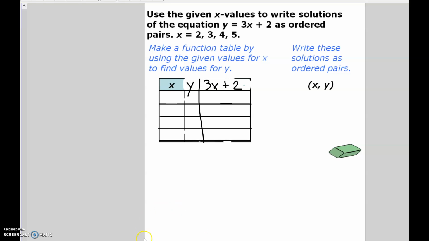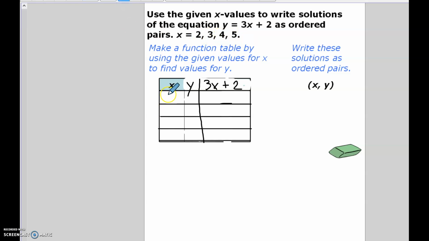Okay, so we're going to start by making a table that has x, y, and then the rule, which is 3x plus 2. So it's this part of the equation here without y. And what we're going to do is use x equals 2, 3, 4, and 5.